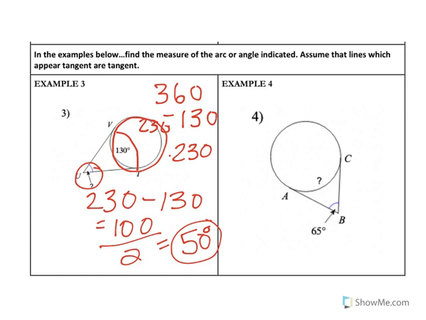All right, so example 4 is going in the opposite direction. For example 4, we look at this and we know this is 65. Well, we know by looking at this previous example that that would have already been divided in half.